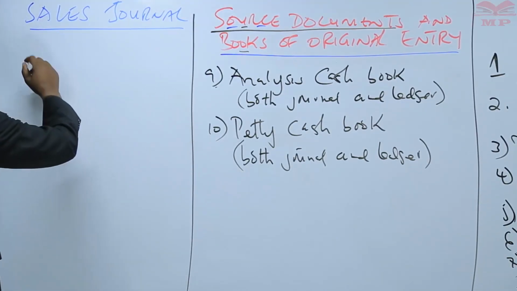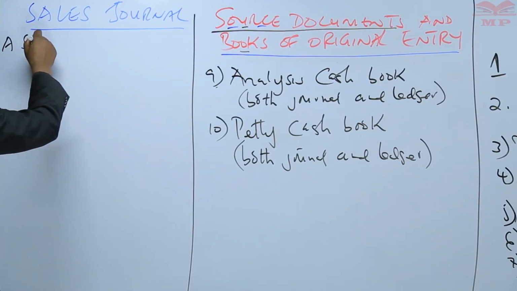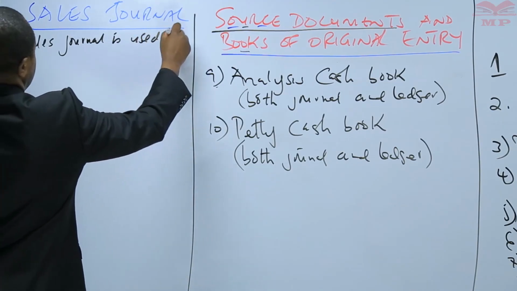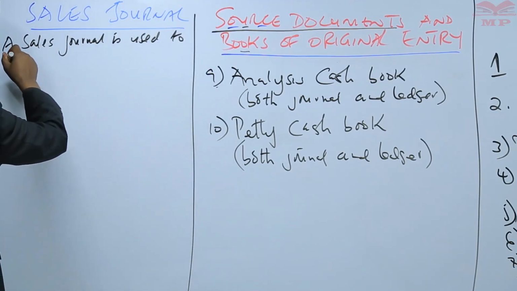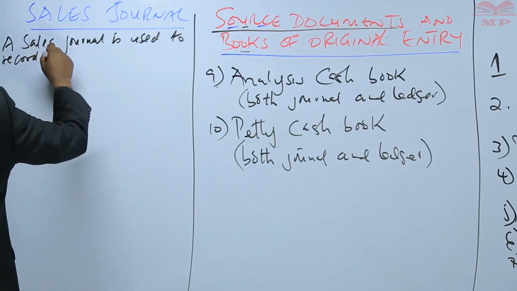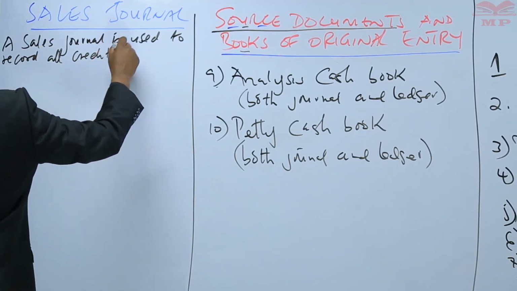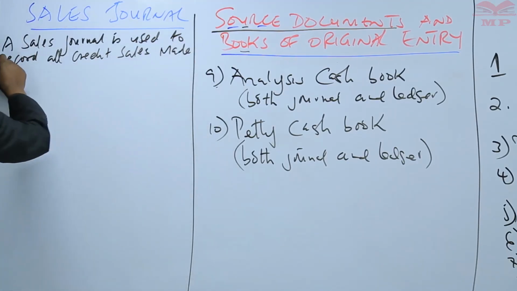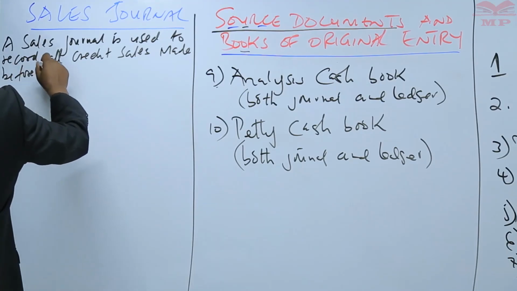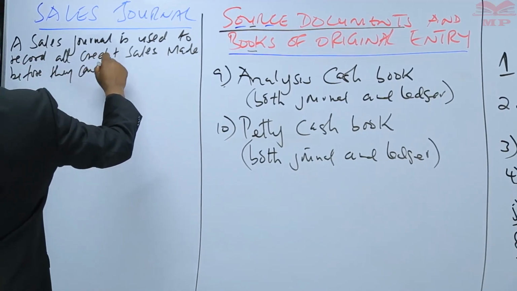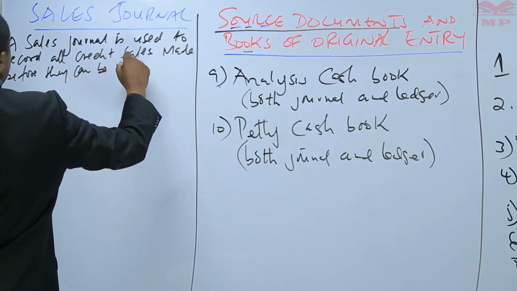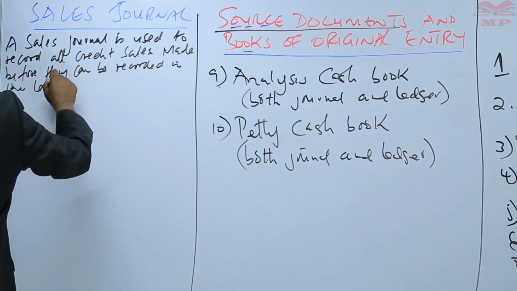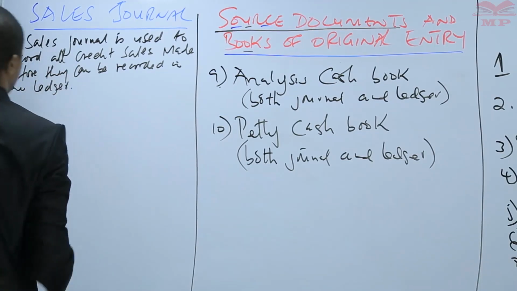Learners, you can write: a sales journal is used to record all credit sales made before they can be recorded in the ledger.